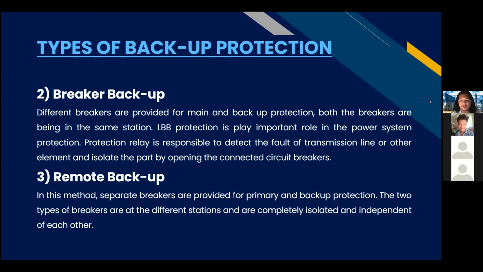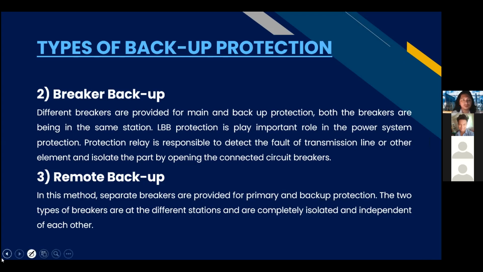After getting the initiation from the trip relay, the breaker backup relay waits for isolation of the fault. After a certain duration, if the fault current is persisting, the breaker backup relay will operate and send the trip command to all connecting circuit breakers to isolate the fault.